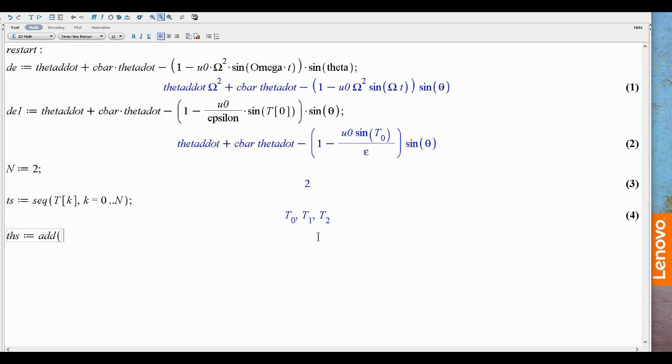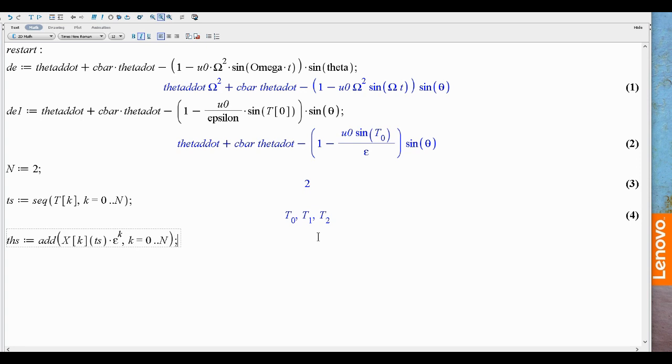I hope that's okay. So xk of TS times epsilon to the power k, k equals 0 to n.